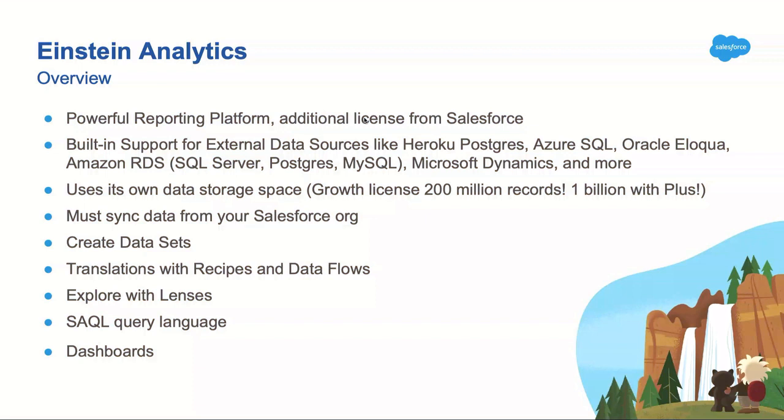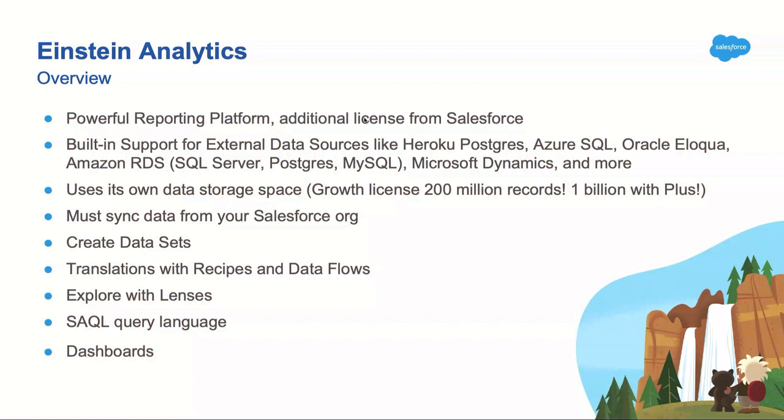It has built-in support for external data sources from Heroku, Postgres, Azure SQL, Amazon RDS, and it uses its own data storage space. You can have up to 200 million records with the growth license, up to 1 billion with the plus license. So the big benefit here, of course, is you're not using up all your Salesforce org storage space just to be able to do some analytics.